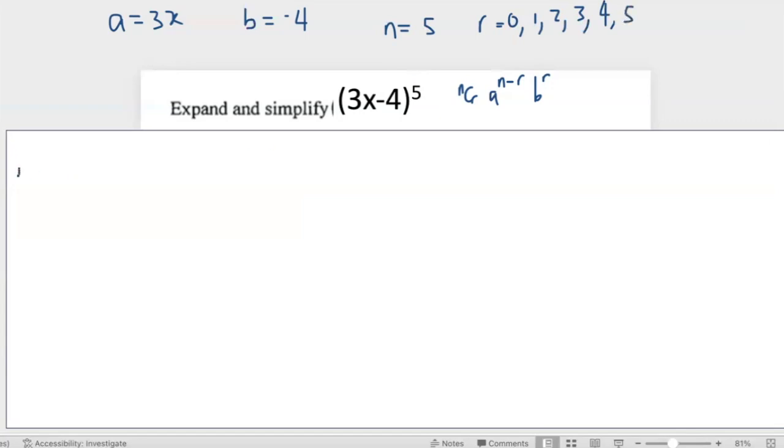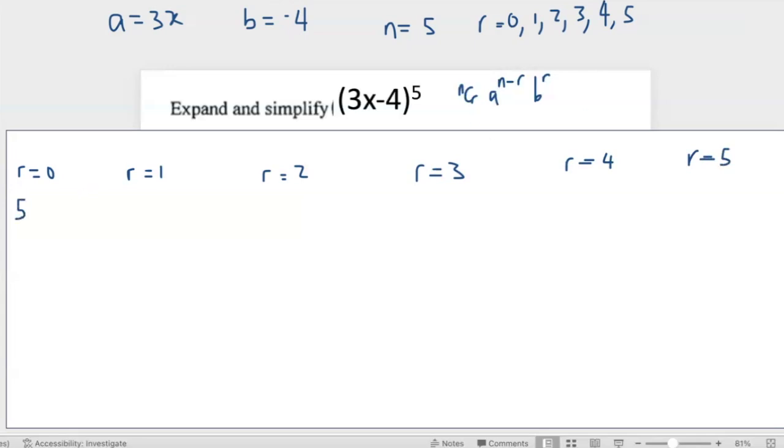So I'll have r equal to 0, then r equal to 1, then r equal to 2, r equal to 3, r equal to 4, and then r equal to 5.